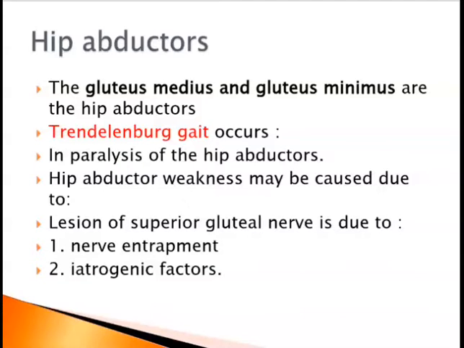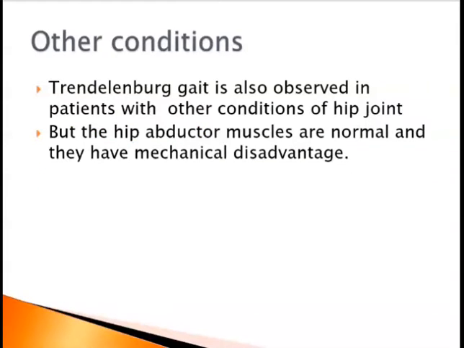That can be due to nerve entrapment or any other factors. The Trendelenburg gait is also observed in patients with other conditions of hip joint. But hip abductors in these conditions are normal and they have only mechanical disadvantage.